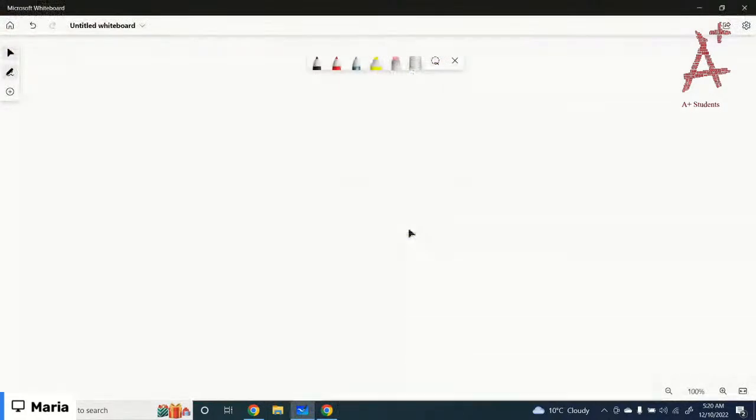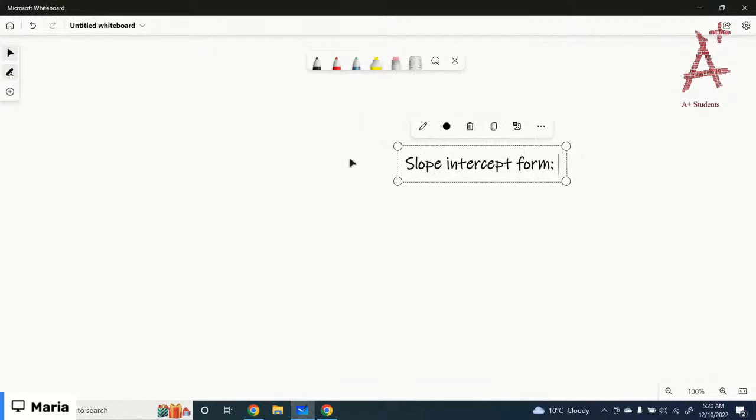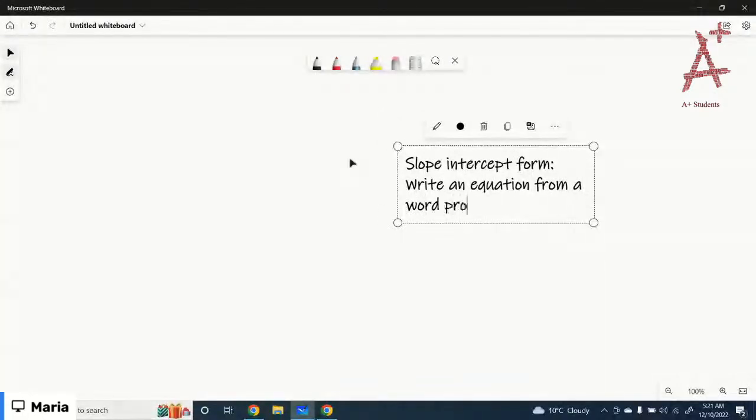Got it? Okay, the lesson name is slope intercept form. Write an equation from a word problem. Now you are given a word problem, and you have to write the equation from it.